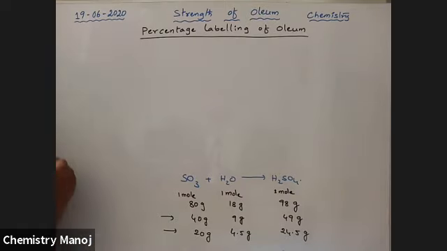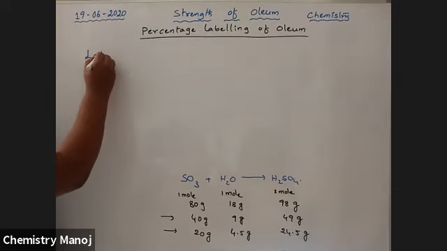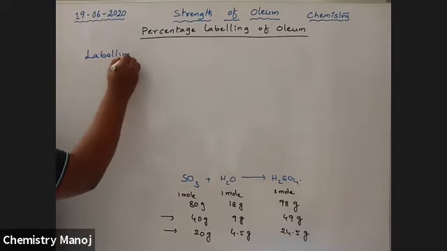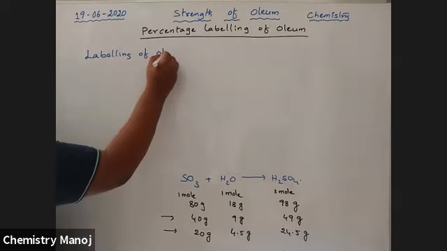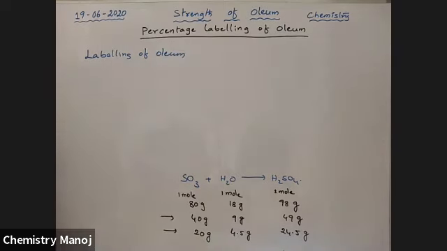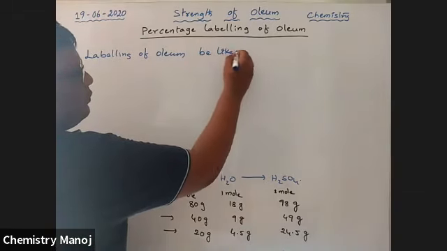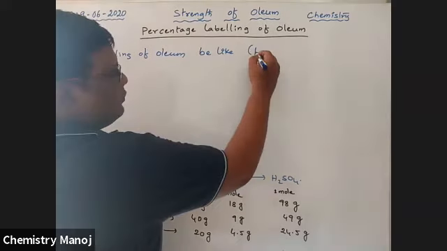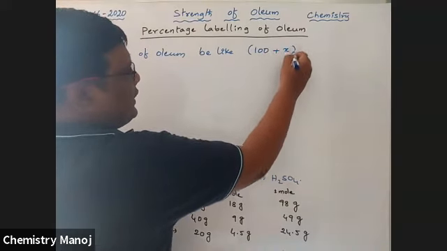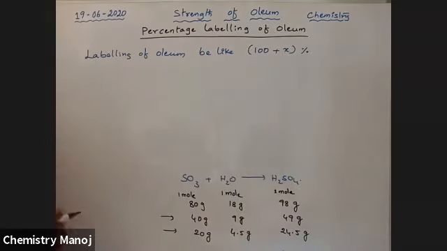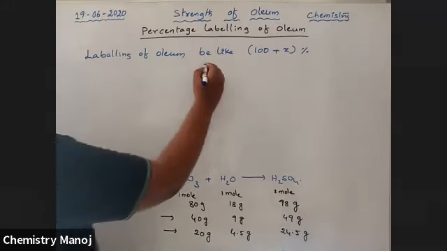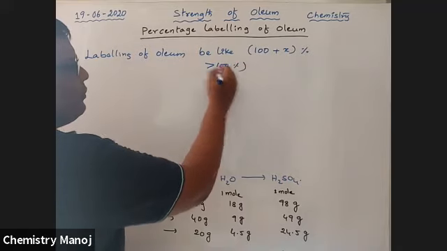Labeling of oleum is like 100 plus X percentage. It is always greater than 100%.